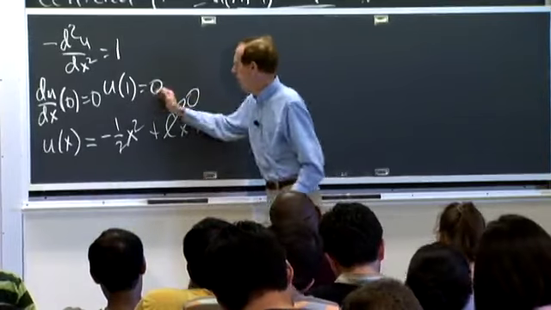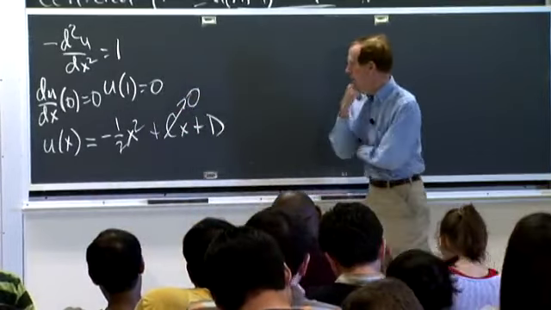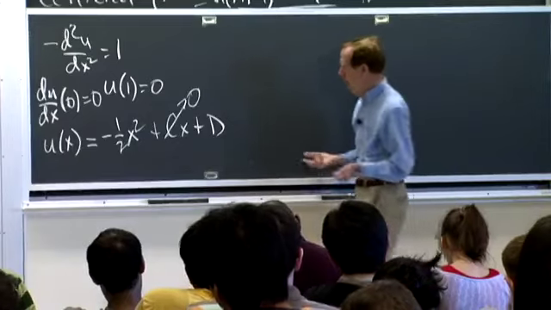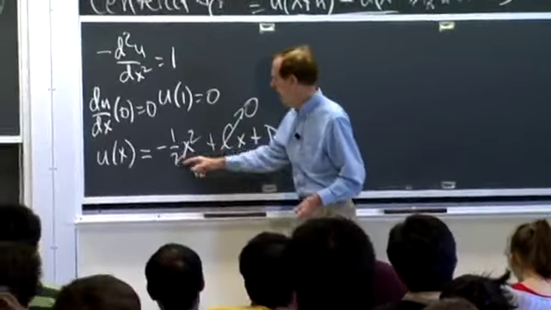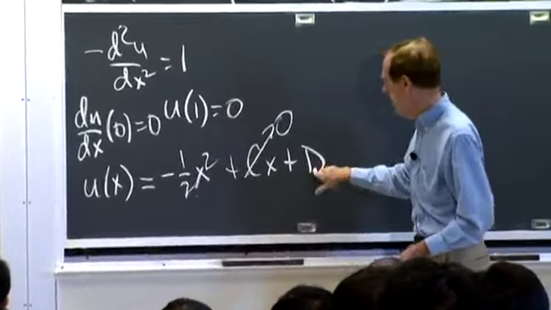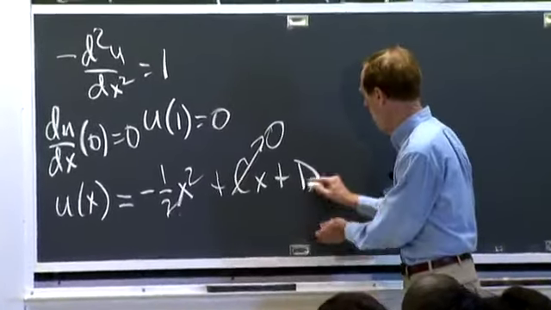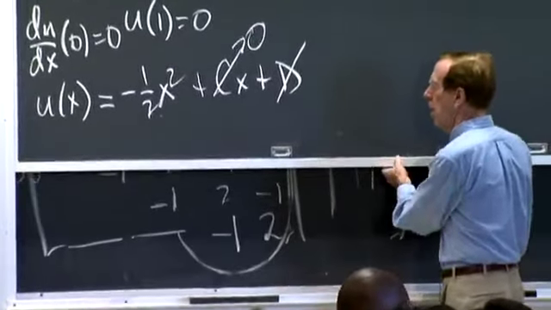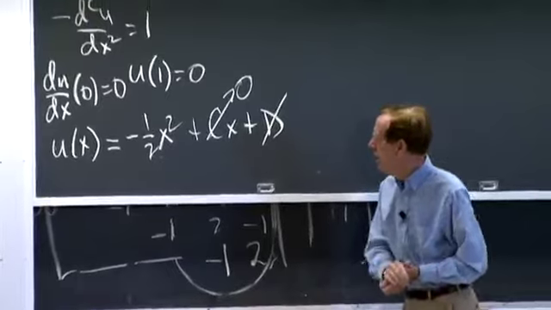Now, the other boundary condition. Plug in x equal 1. I want to get the answer 0. The answer I do get is minus 1/2 at x equal 1 plus d. So what is d then? What do I learn about d?